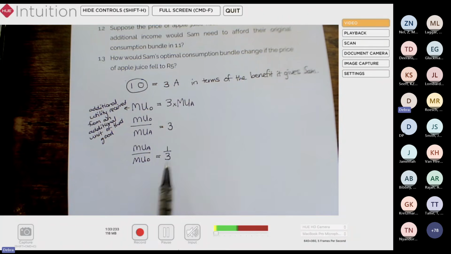So now when he's going to make the decision about how much apple juice and how much orange juice to consume, that decision is going to be made by comparing the prices of these two things.